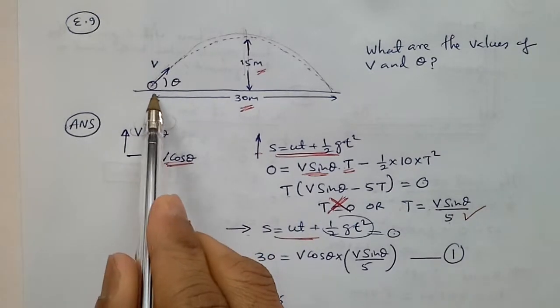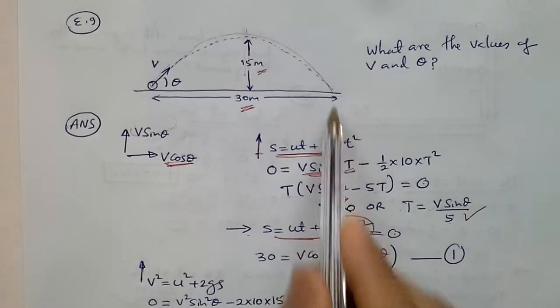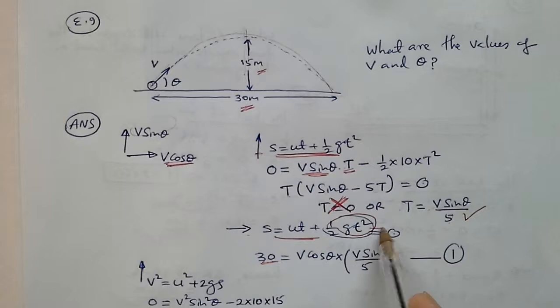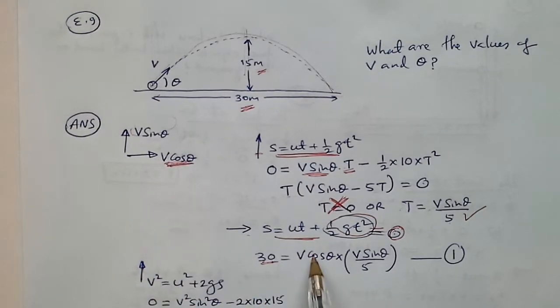In the horizontal direction the distance traveled by the object is 30 meters. So that is 30, and remember there is no acceleration in the horizontal direction, so this term vanishes. So 30 is equal to the horizontal velocity component v cos theta multiplied by the total time of flight, v sin theta by 5. So this is my first equation.